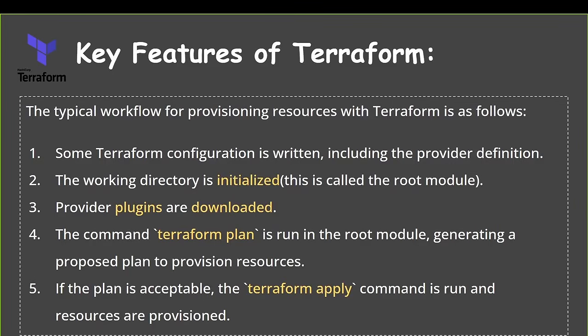We'll be discussing what those extensions and files are. So you will be writing some Terraform code. Then you would be initializing the directory. The directory is nothing but the folder in which you have written the code. You initialize that directory so that Terraform can start to take action.